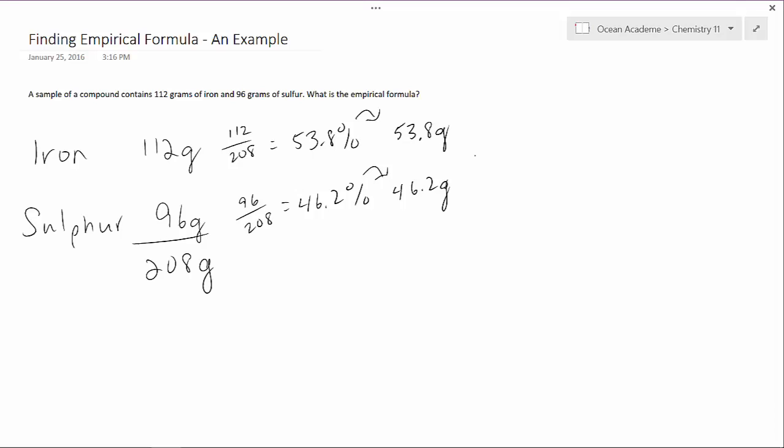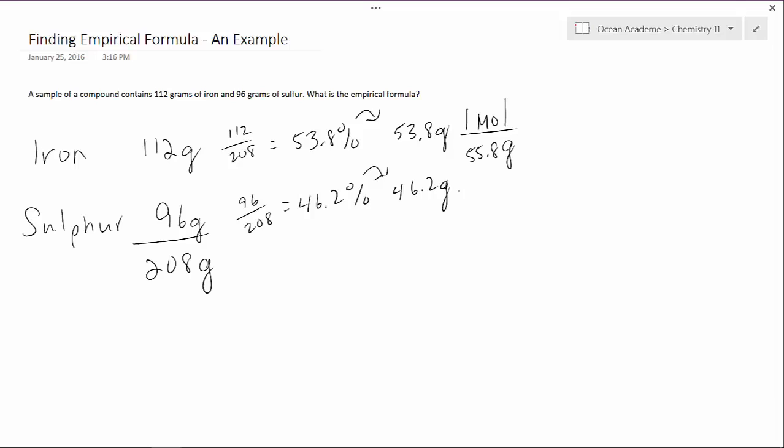Now, we are doing a comparison of moles, so we need to change our grams to moles. In order to do that, put our grams on the bottom, and we know that 1 mole is equivalent to 55.8 grams on the periodic table.